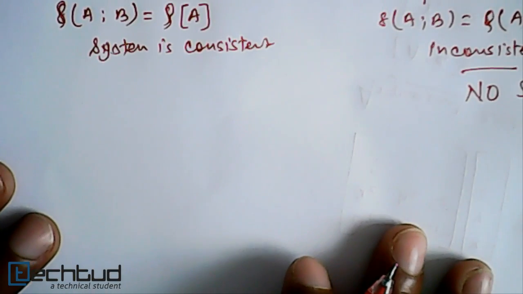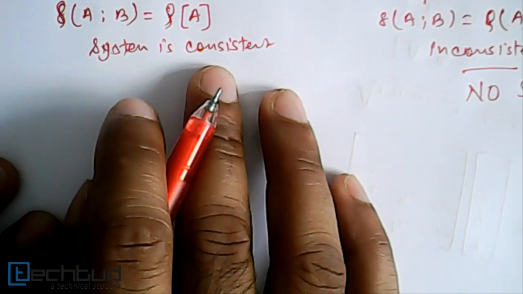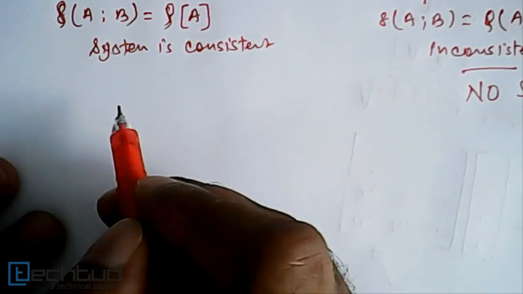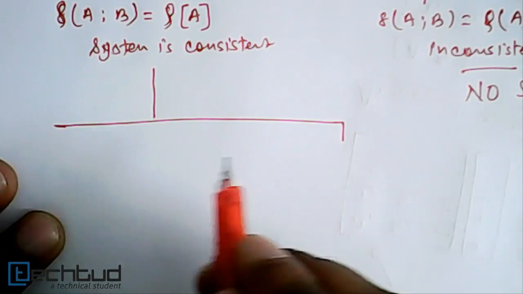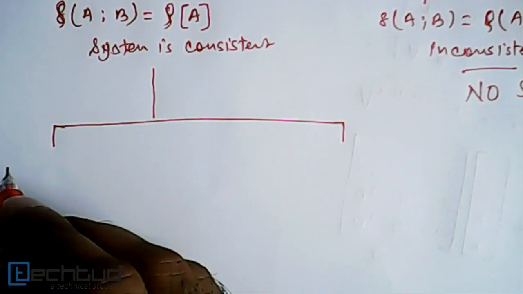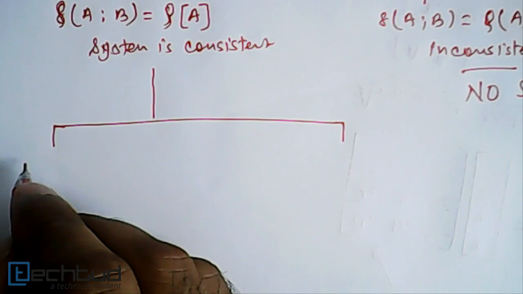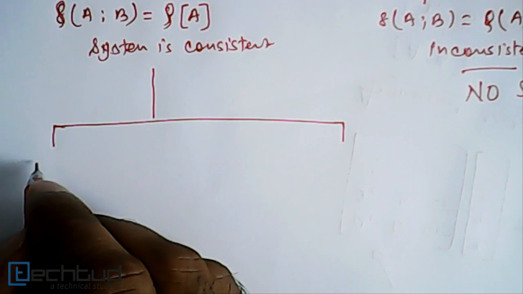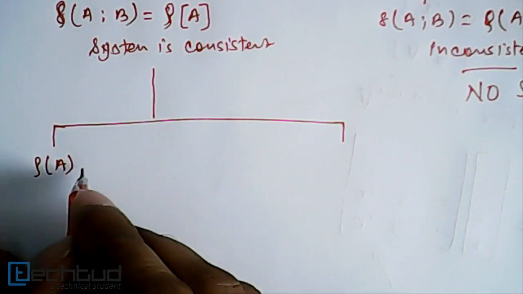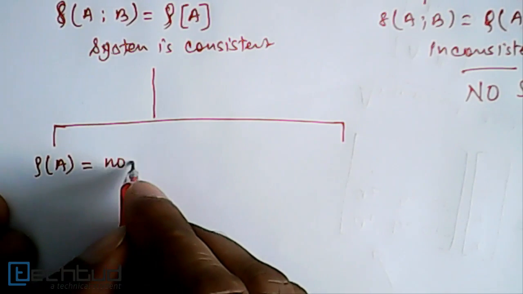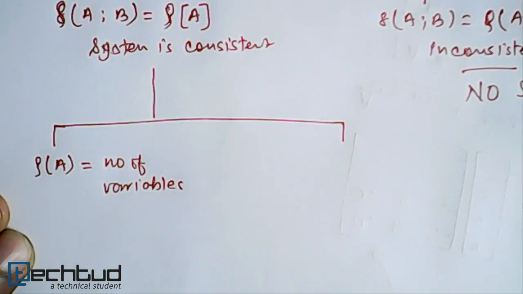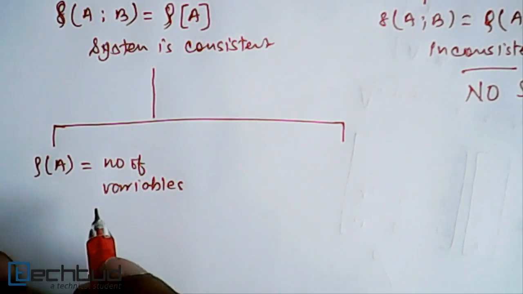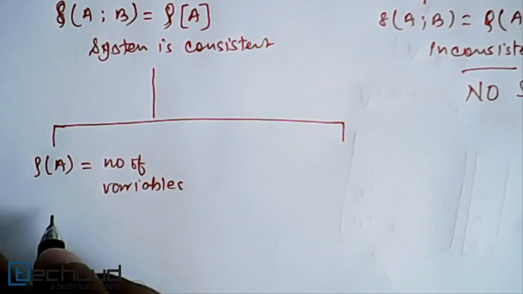Now we come back to the system being consistent. So the rank of the augmented matrix is equal to the rank of the coefficient matrix. Now here we have two conditions. If the rank is equal, and rank of A is equal to the number of variables, then we have a unique solution.